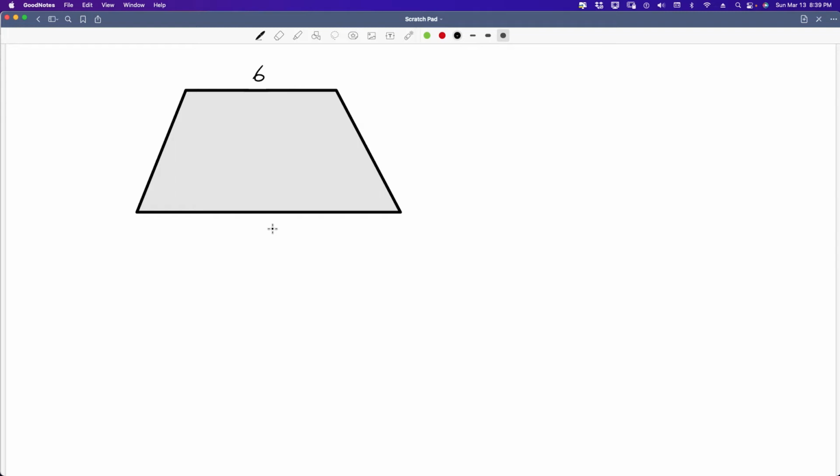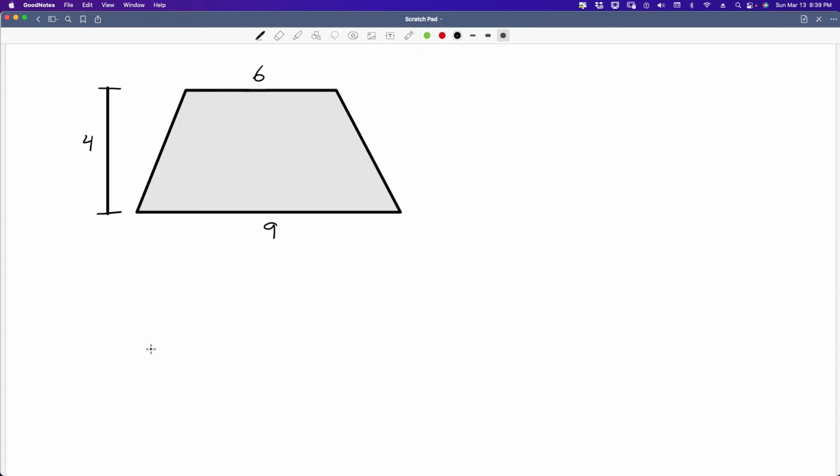All right, and the length here is going to be 9 on the bottom. Now what you do need to have in order to find the area is the height. And in this case, I'm going to draw the height in for us. And the height of this trapezoid is 4.